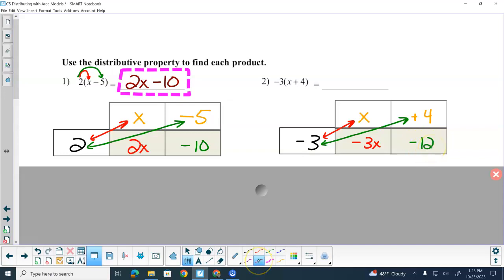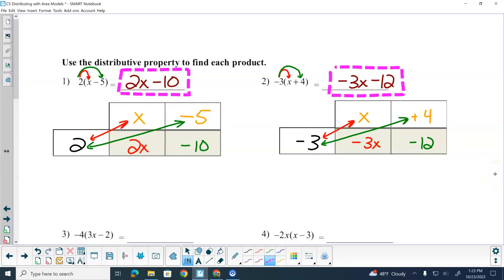So this distribution here, when I multiply this -3 times that x, and this -3 times that 4, would give me -3x minus 12. Questions, comments, concerns, clarifications? Okay.